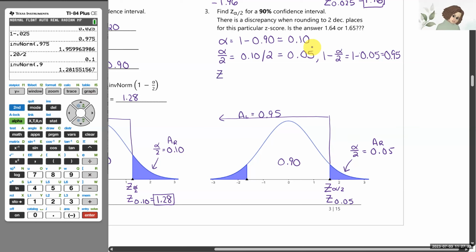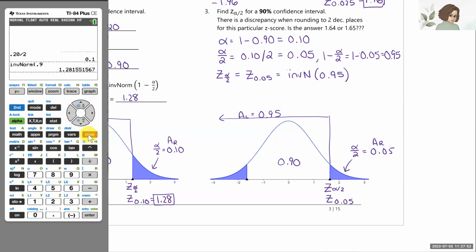So z alpha over 2, or in our case specifically z subscript 0.05, we would inverse norm 0.95. All right, so it's always sort of the 3-step process here, so you can figure out what you're supposed to inverse norm.